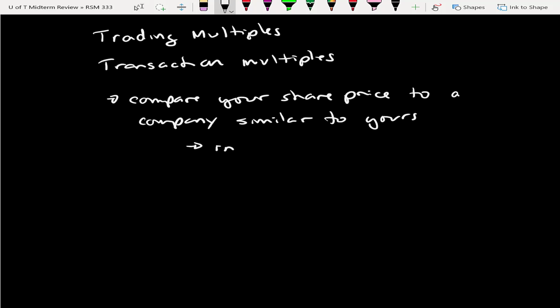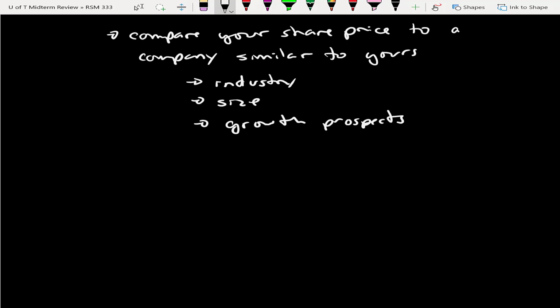And by similar, you probably want to be in the same industry. The size would be the same. You're not a startup. If one's a mature company, you want to compare similar stages in the life cycle and your growth prospects. So both companies should have similarities on those.